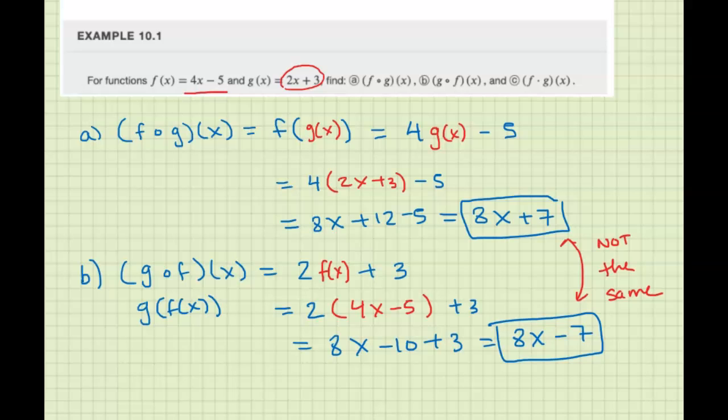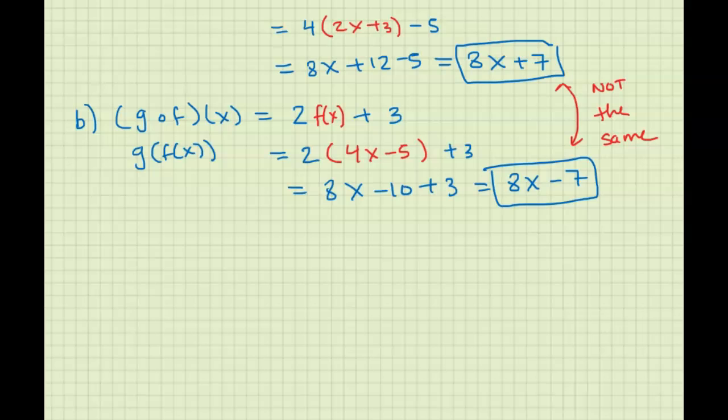When you're doing composition, you're doing two operations in a row on some input. You can think of a function machine. You have some input, which is your x value, and you put this input into the f of x function machine. Here f of x is 4x minus 5.